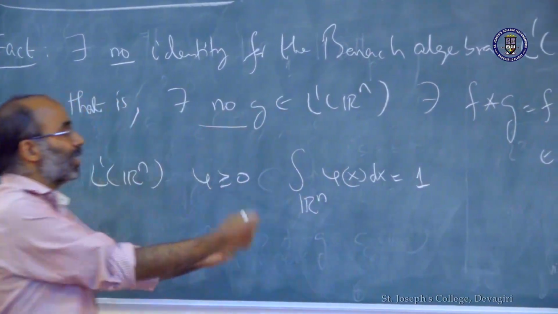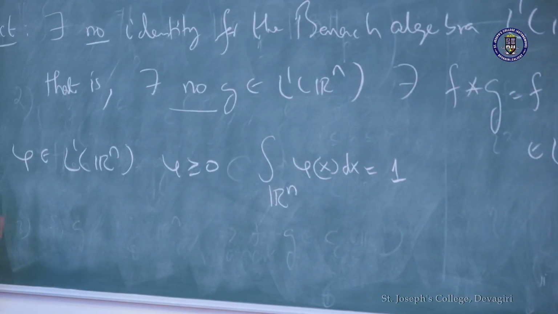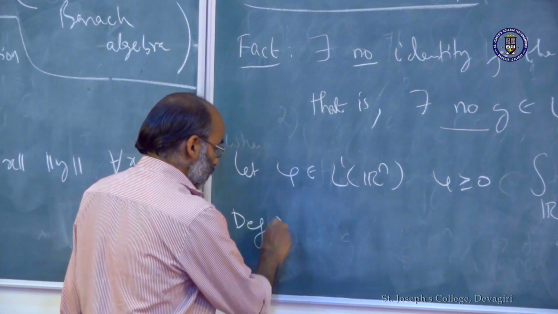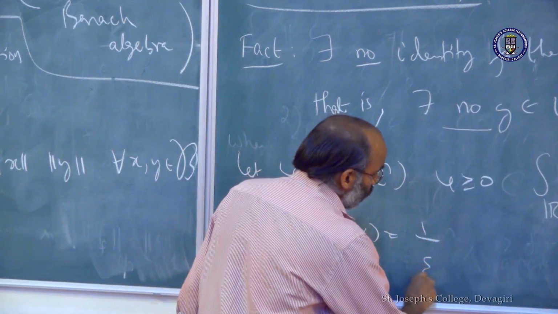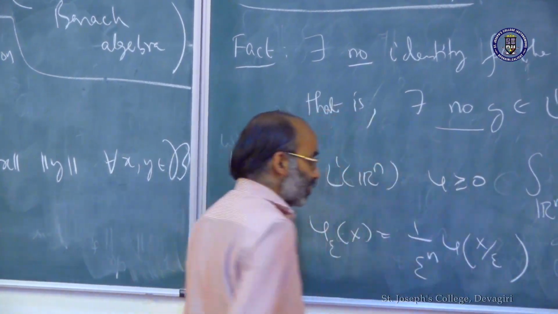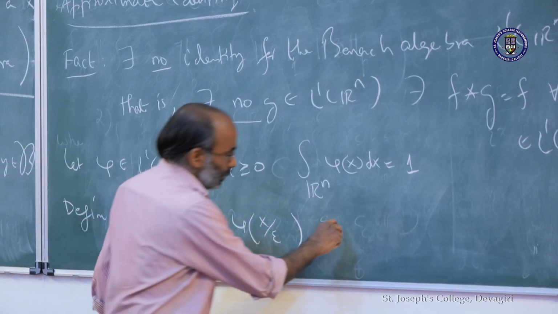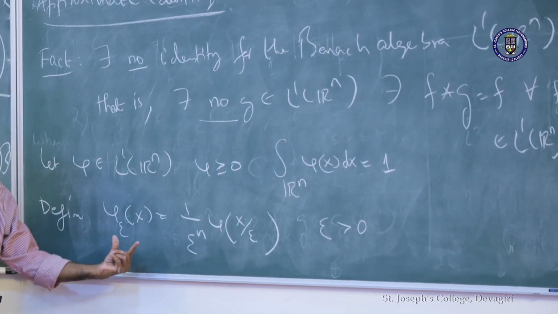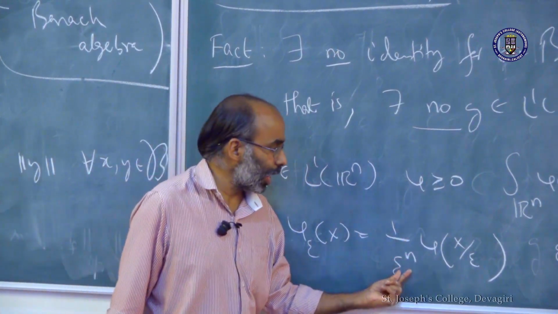We are going to construct an approximate identity out of any positive function whose integral is 1. Define phi sub epsilon of x equal to 1 by epsilon to the n times phi of x by epsilon, for epsilon positive.